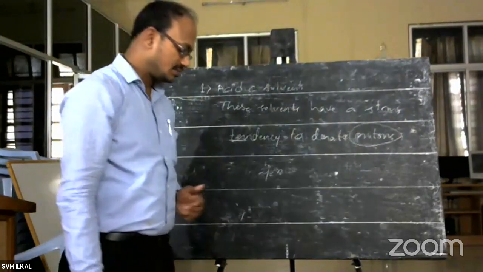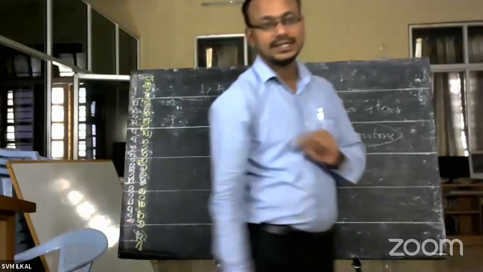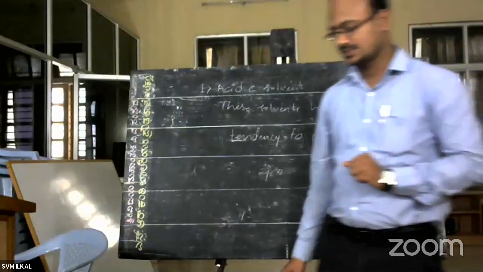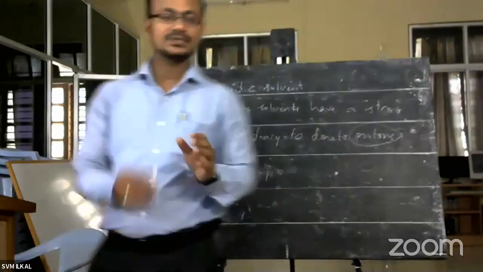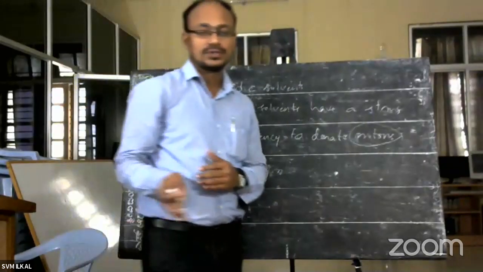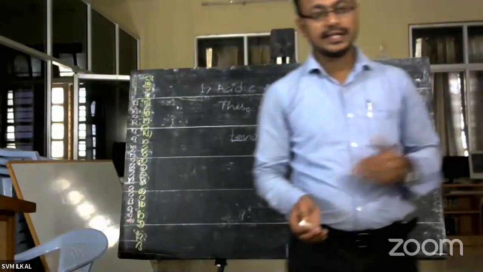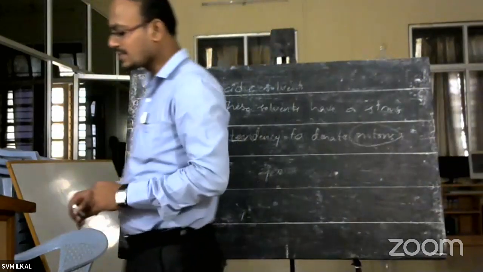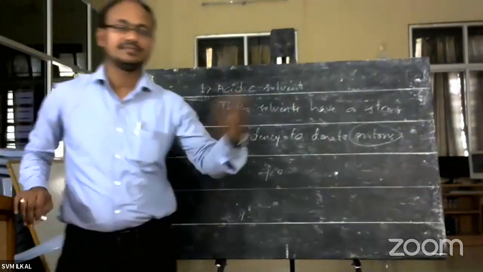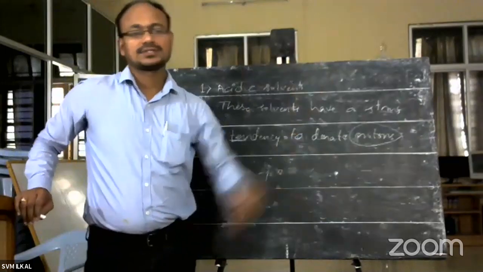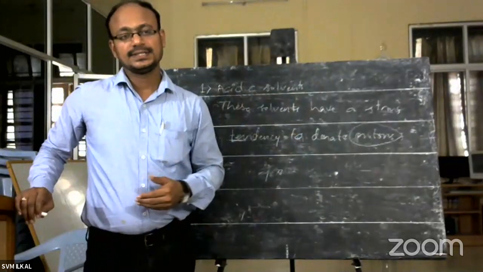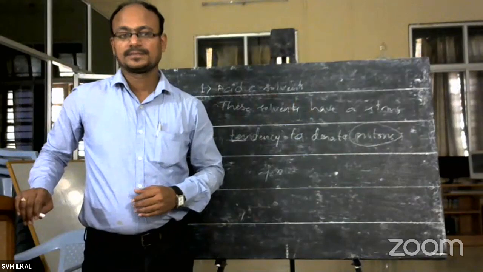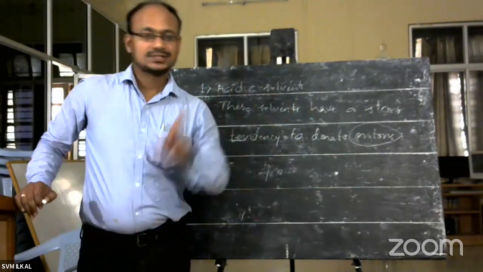As you know, two concepts are there in acid-base reactions that we are going to categorize. One is Lowry-Bronsted, and another is the Lewis concept. So when do we use these two concepts?